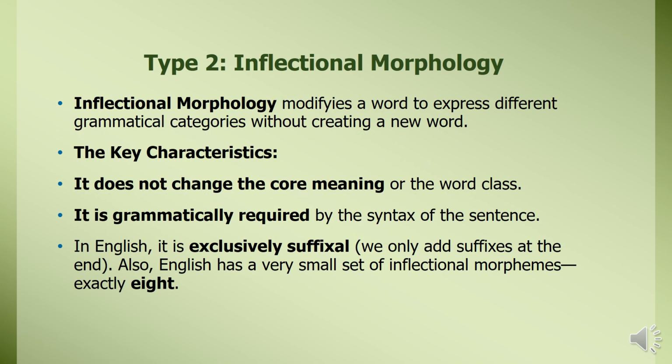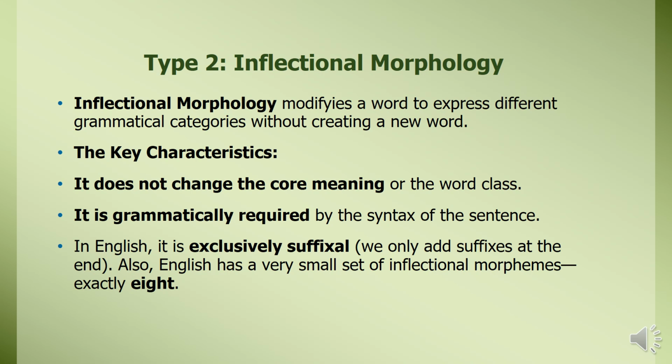As to inflectional morphology, the morphology modifies the word to express different grammatical categories without adding a new word. The key characteristic is that it does not change the core meaning or the word class. It is grammatically required by the syntax of the sentence.